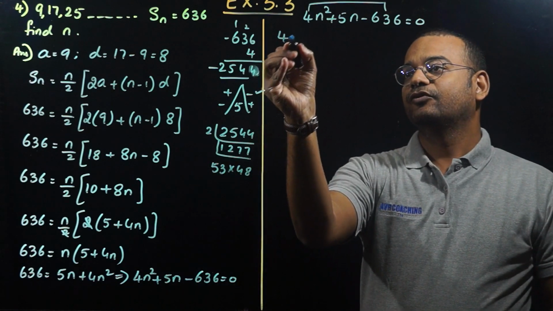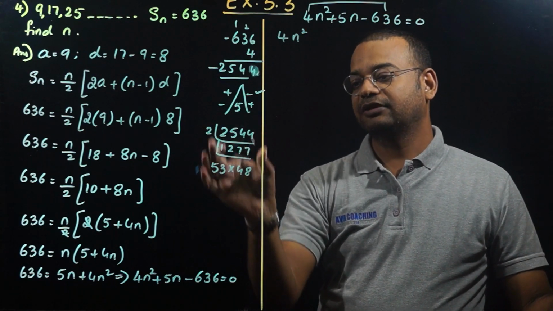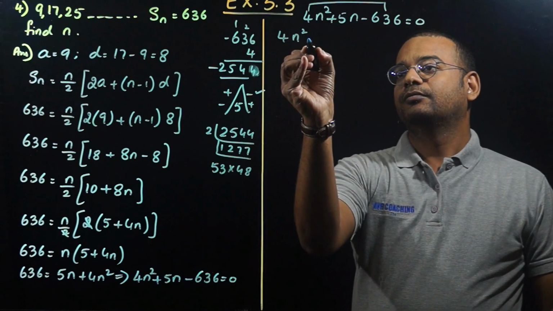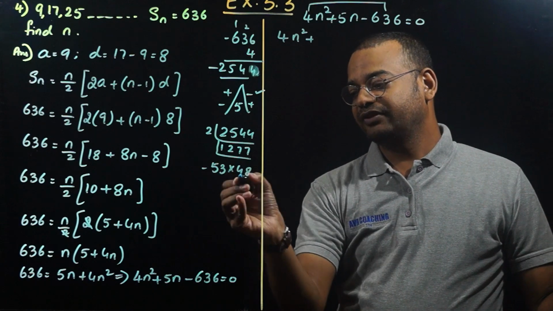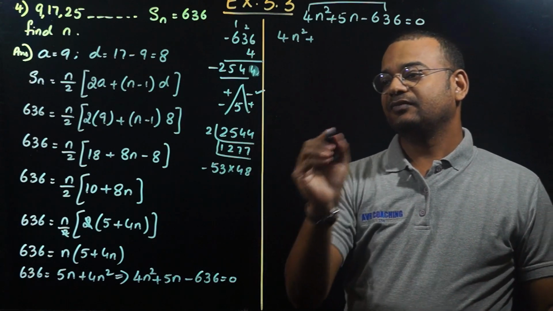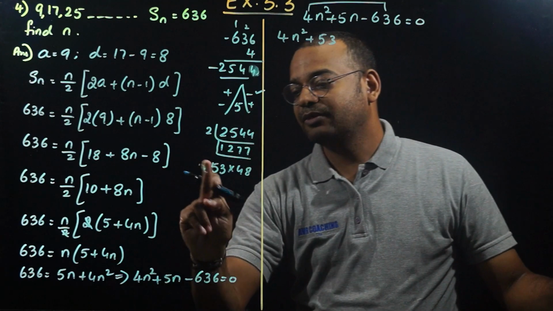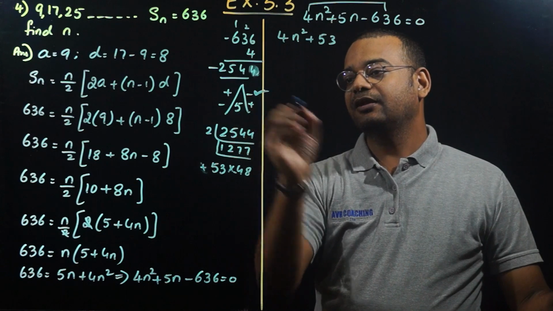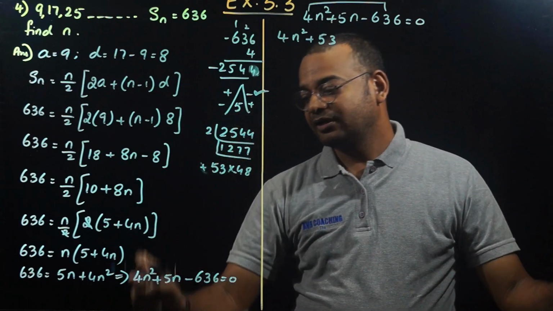So this will be 4n square. You can get this value 53 into 48 when you prime factorize 2544. That you have to do. Plus 5n, 53 minus 48. Sorry, the bigger number will be plus and the smaller will be minus, because we are taking plus into minus. Why are we taking plus into minus? Because the middle term is plus.